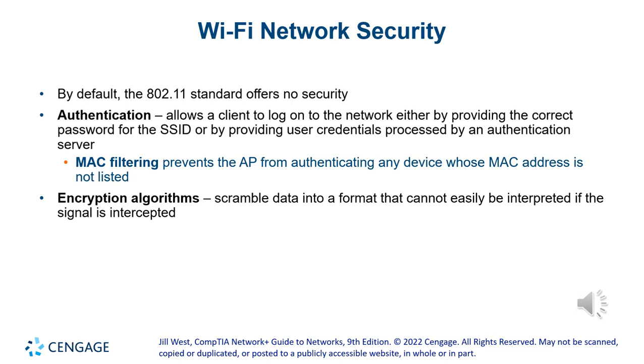If you are on that database, you get approved, and then that approval gets sent back to the wireless device, and it allows you to get in. Once you connect, you can do encryption. The previous editions of the book went heavily into all the different encryptions that you can do, but I guess it was taken out of the Network Plus, or the author decided not to include as many as in the previous one, but we'll cover some of them.